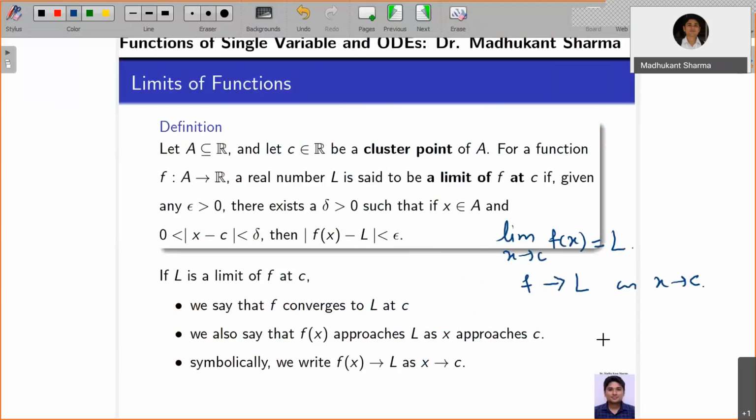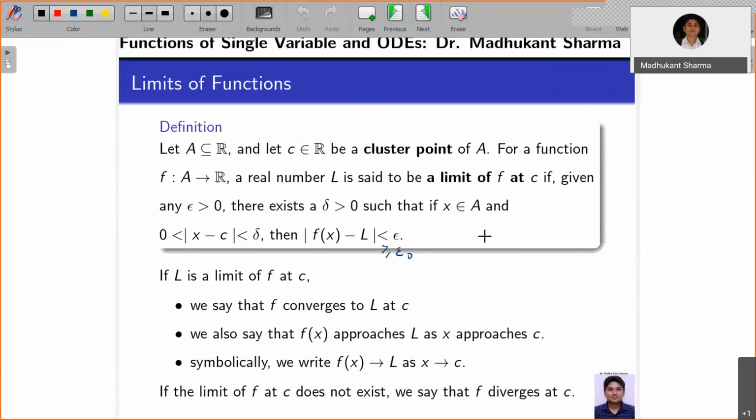This is an abuse of notation, you can say, because we have made the x silent here. So whether you write x or not doesn't matter. So f of x tends to L as x tends to c. Whenever this limit exists, we say in other words that f tends to L as x tends to c, or f converges to L at c. If the limit does not exist, then we say that f diverges at c. Okay, right.